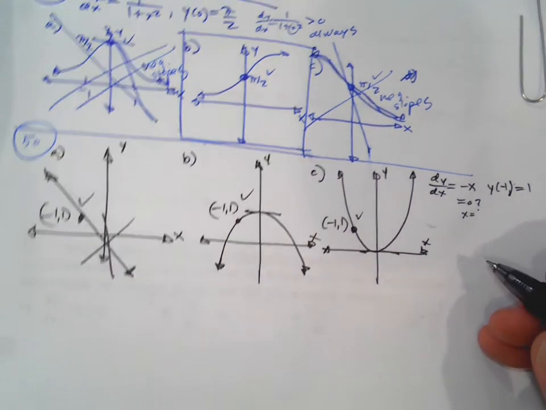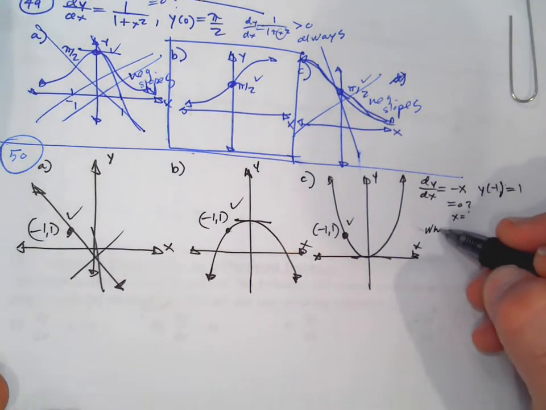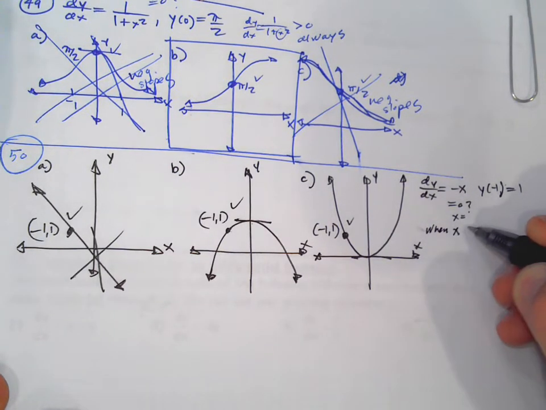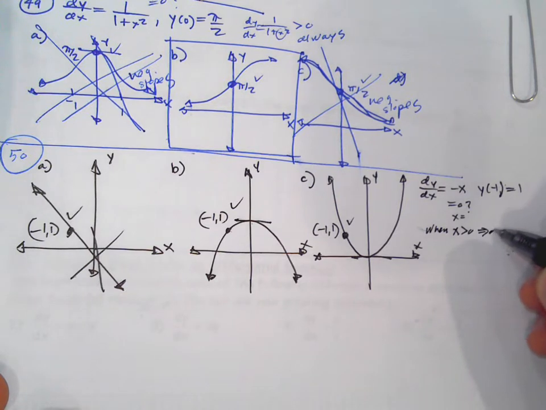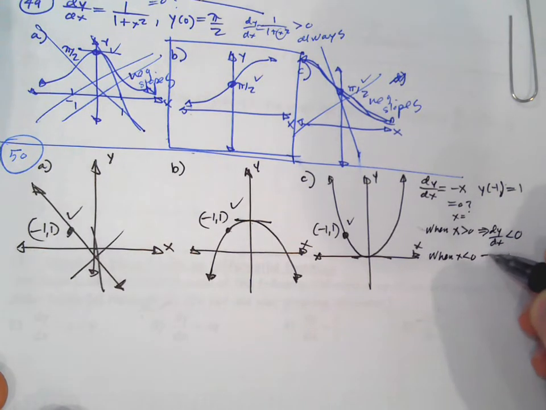They're not undefined. You could say, okay, when x is positive, the slope is negative. When x is negative, the slope is positive.